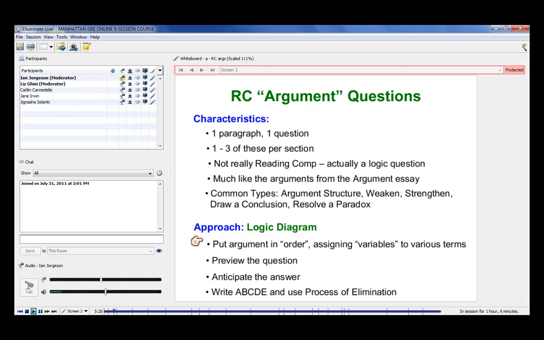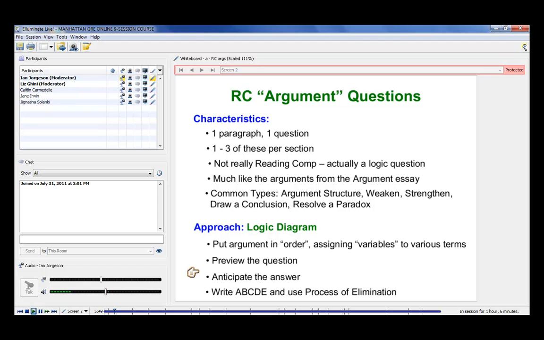So we're going to have a basic approach here that starts out with us previewing the question. In other words, even before we read the passage, we want to have a really good idea what our goal is, what our task is, because that will affect how we read it. We want to break the argument down, understand its component pieces, and ideally anticipate an answer.